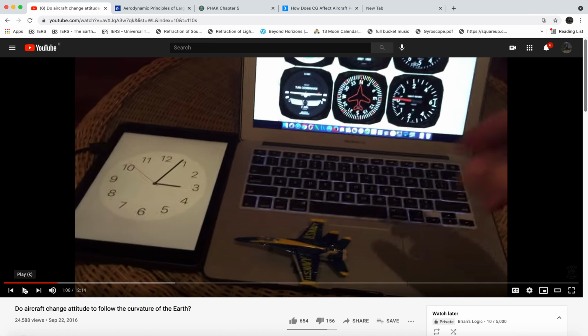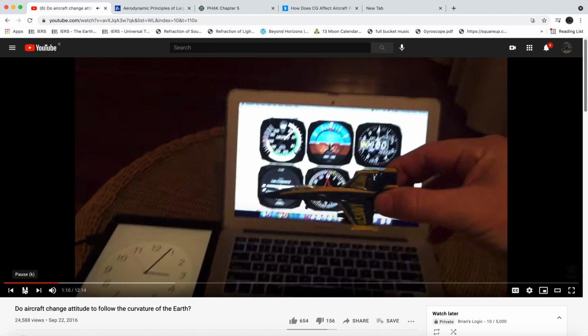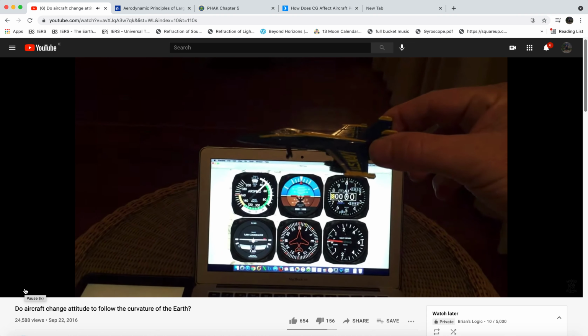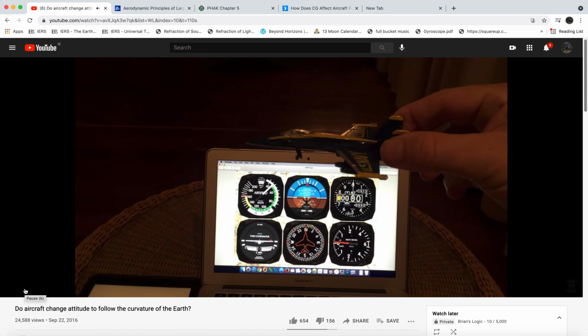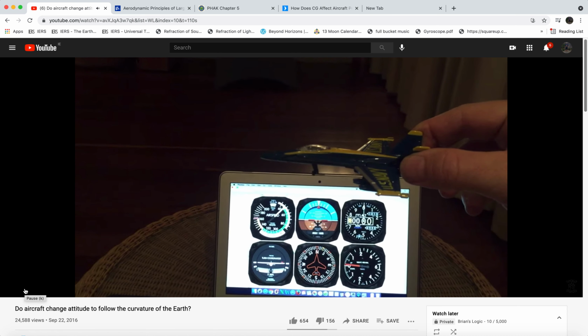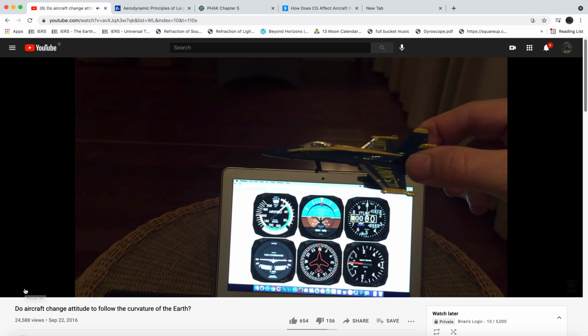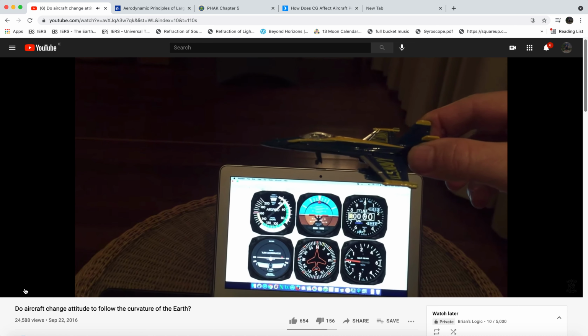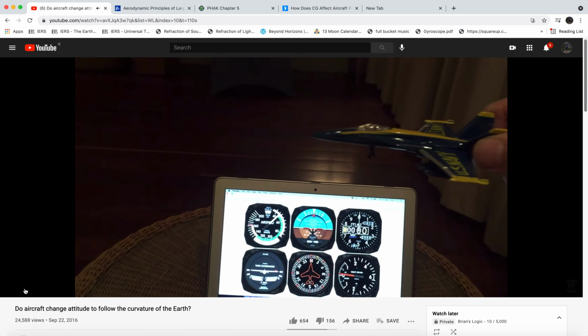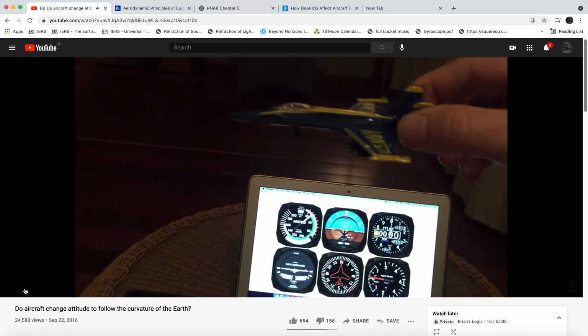Okay, first thing we need to understand is that the Earth is not as small as many people will think, and your typical airliner travelling at 450 knots will actually take 48 hours to travel around the Earth. Now, obviously they won't do that non-stop, they'll have to stop and refuel, but that's the actual rate at which it's going to travel around the Earth.